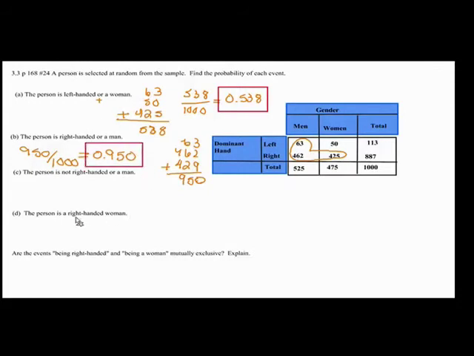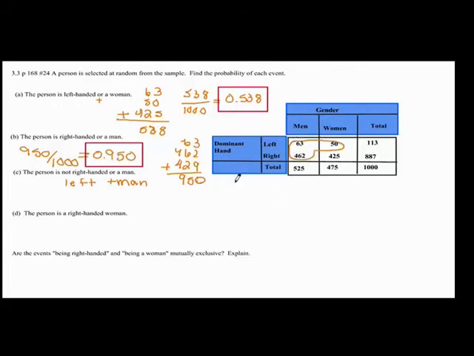for part B. For part C, we're looking for a person that is not right-handed or a man. Well, if they're not right-handed, that means that they're left-handed. So this is the same as saying that they're left-handed or a man. So again, that's going to be adding with a man. So left-handed, right up here, and the men.